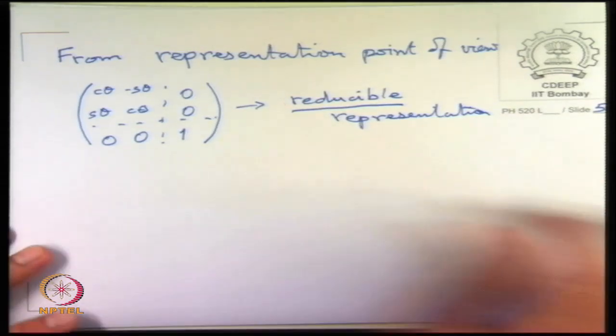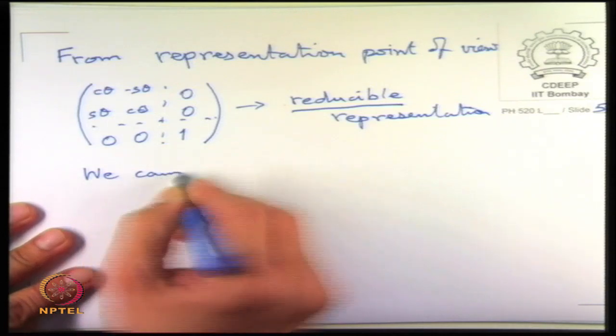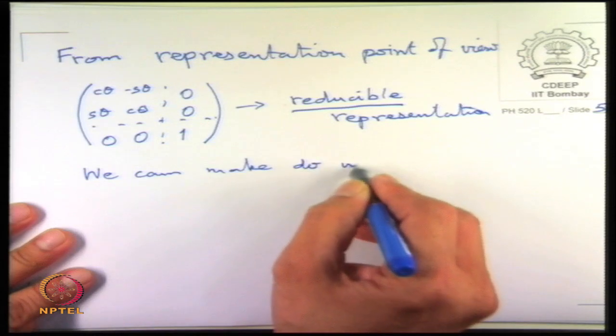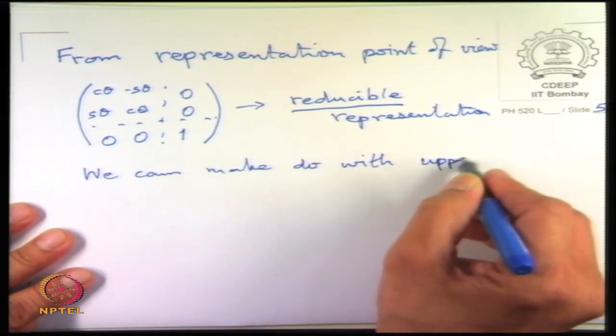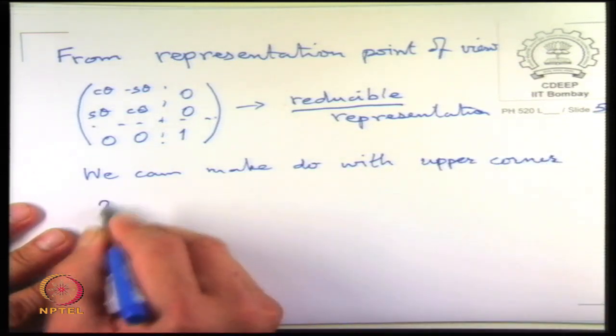And we could have, with upper corner, 2 by 2 matrices.